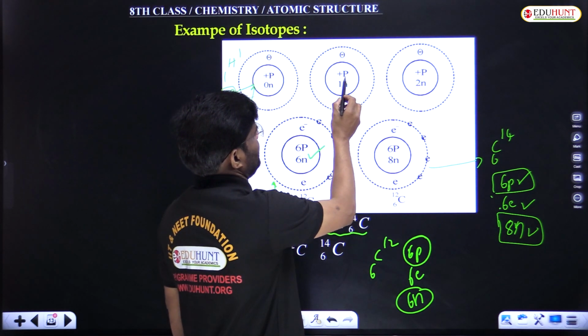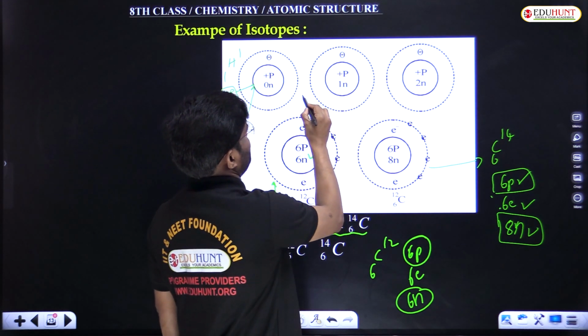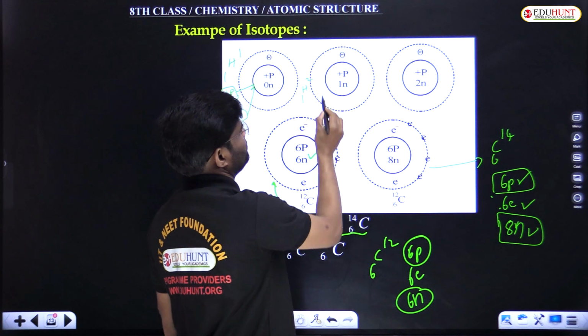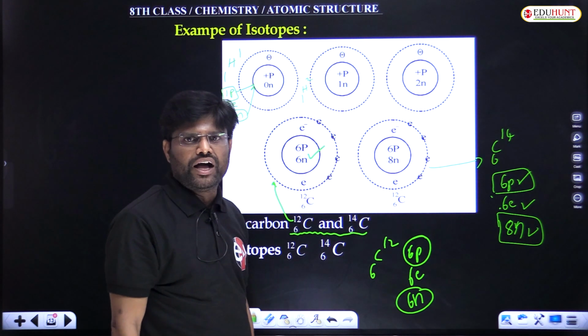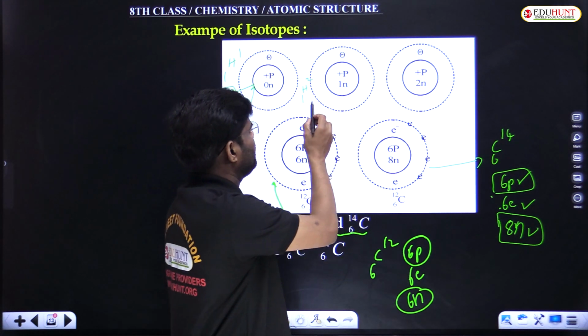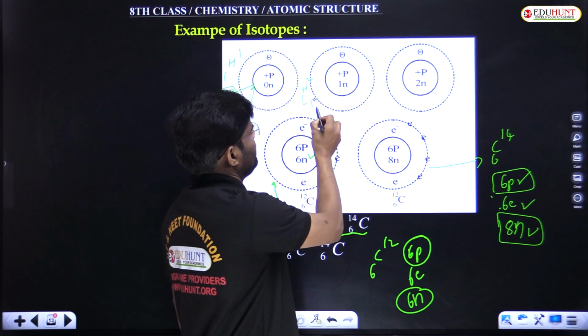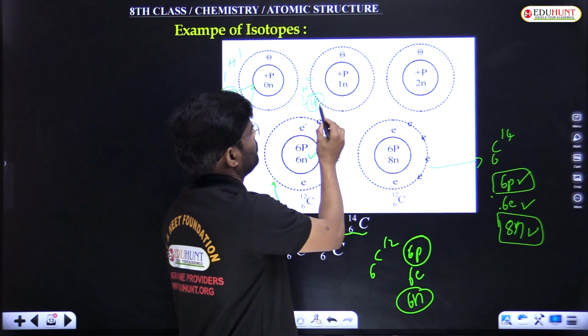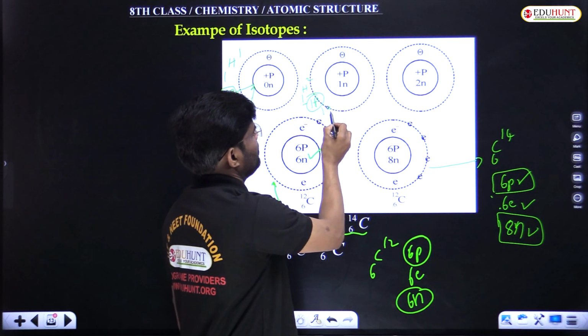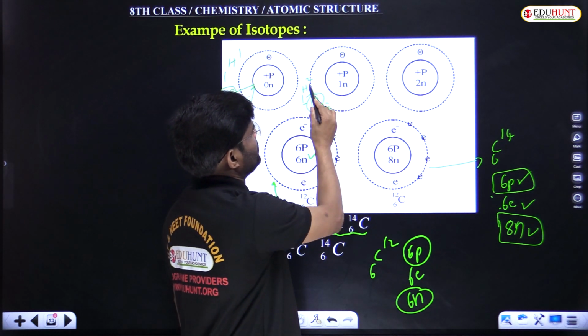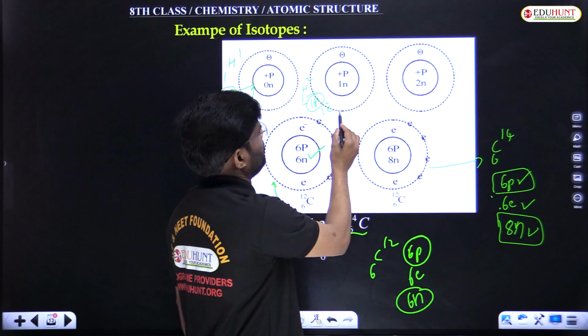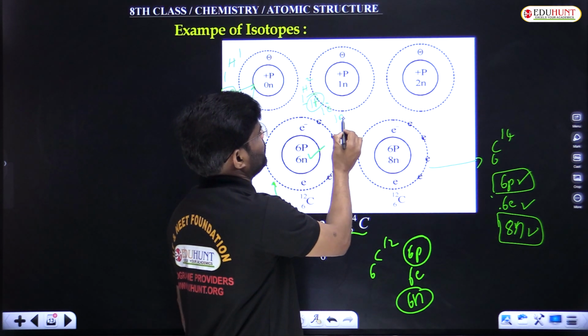Next, 1H2, deuterium, an isotope of hydrogen: 1 proton, 1 electron, and neutrons 2 minus 1, so 1 neutron.